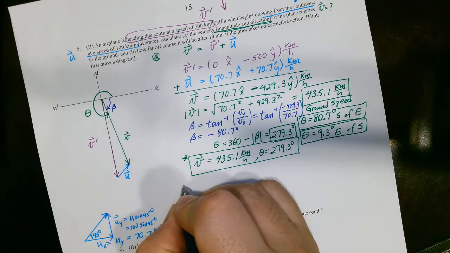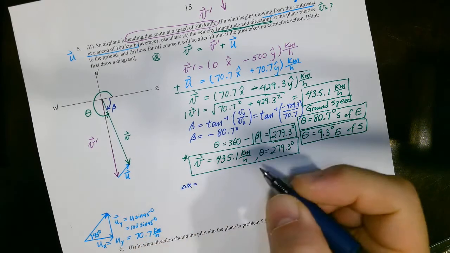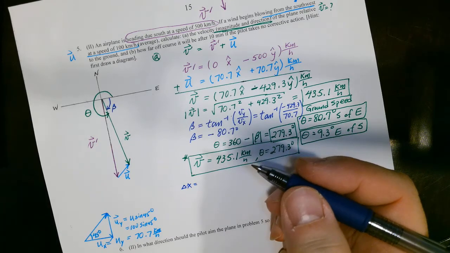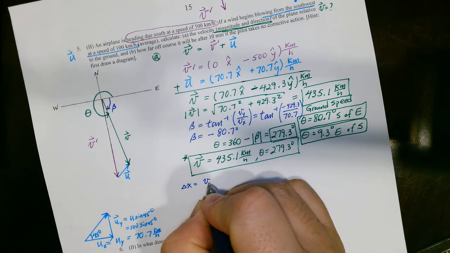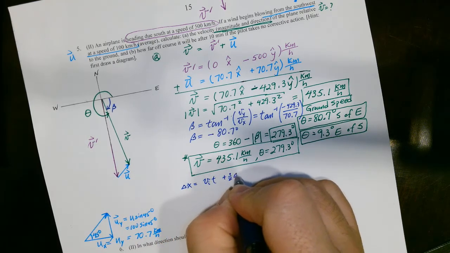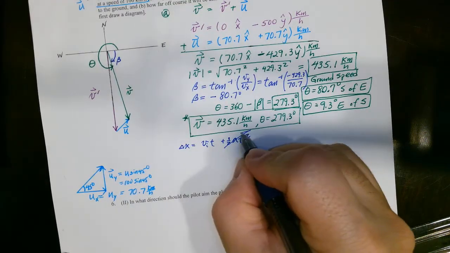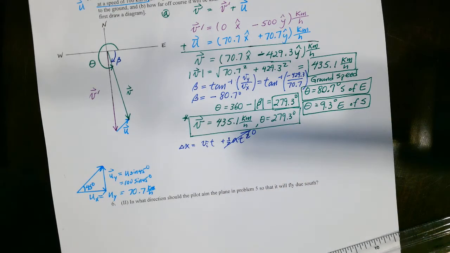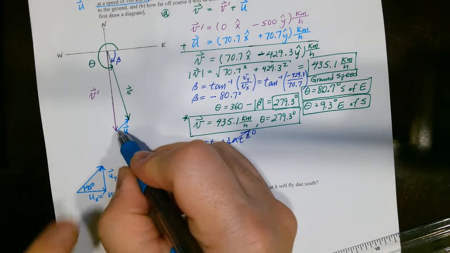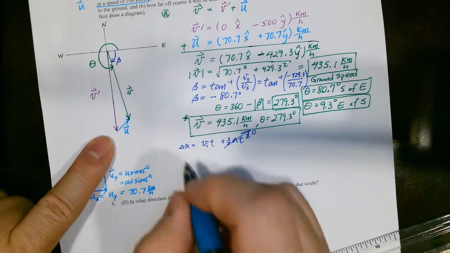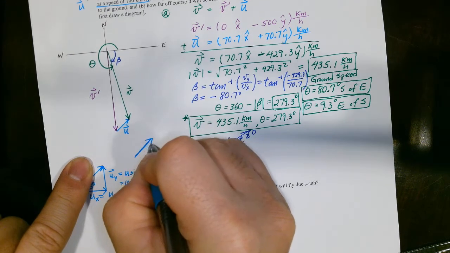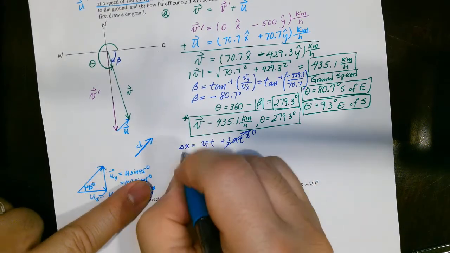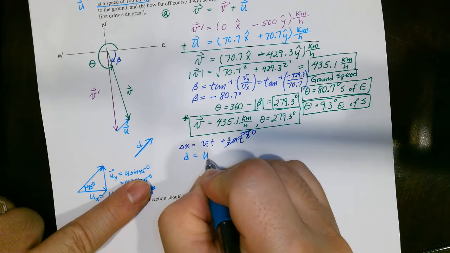So since delta x is equal to V initial t plus 1/2 a t squared, this is again equation number 2, there's no acceleration for the wind. So since this is blown off course by the wind, our distance that we are off by is equal to u times t.